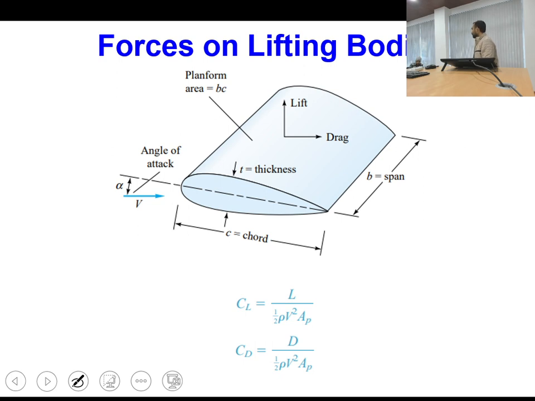Okay, so wherever we have a requirement of lift, our requirement is minimum drag and maximum lift force. Then only will we be able to utilize the power of the fluid in a more effective way.